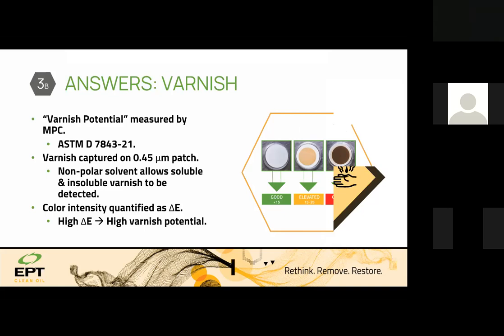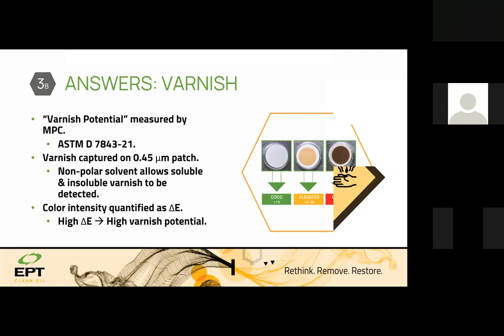No problem. ASTM D7843 is checking the varnish potential. Varnish potential means we want to get the oxidation material, which is in soluble format, coming out of the solution, and then we want to put it on the filter patch to check how saturated the oil is from oxidation material. So it's very important to do it right.